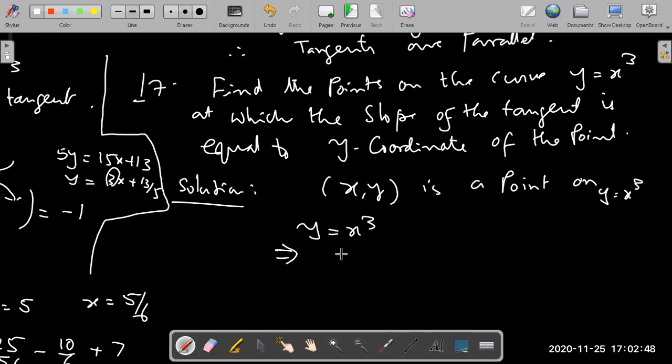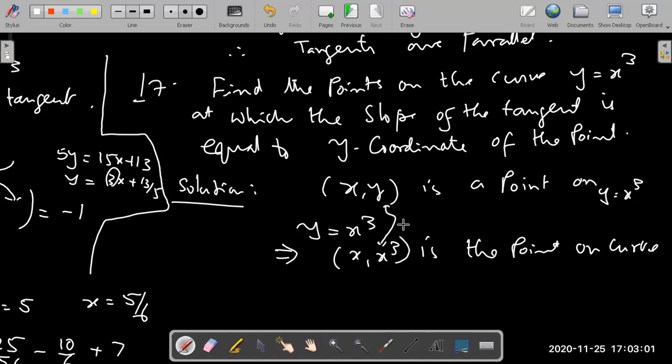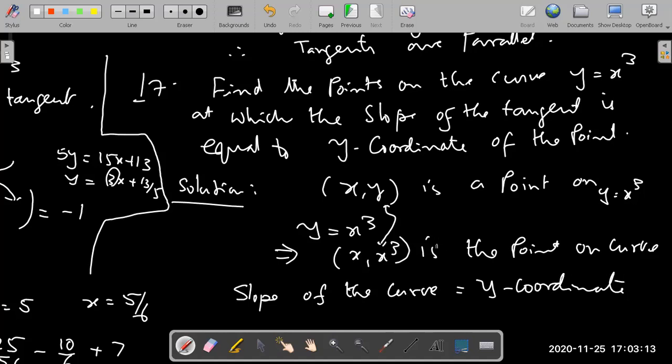This implies that x comma x cube is the point on the curve. What we did, we just substituted y is equal to x cube. So he has given the condition: slope of the curve equals the y-coordinate. So the y-coordinate is x cube.